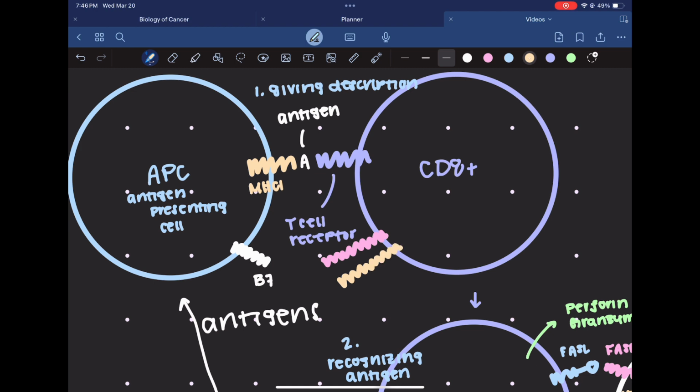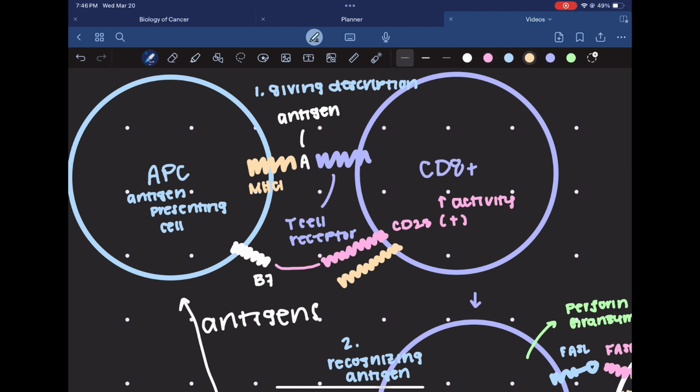In pink, I have a molecule called CD28. And when CD28 associates with B7, this leads to increased activity of the CD8 plus cell.